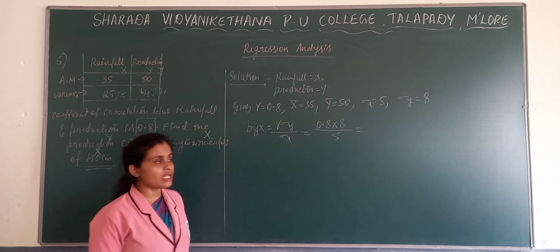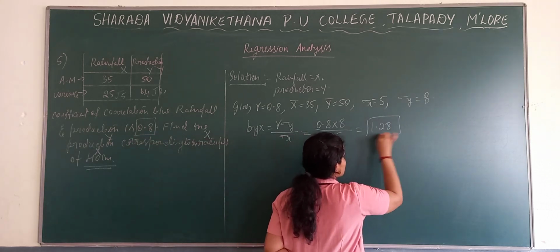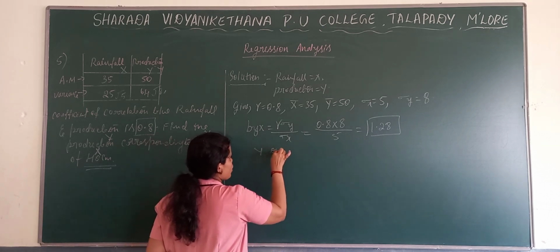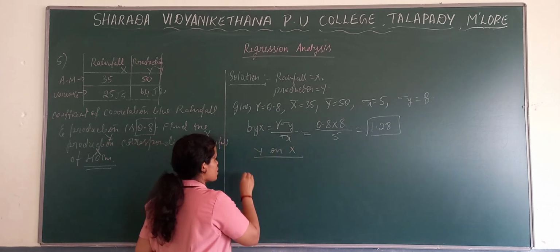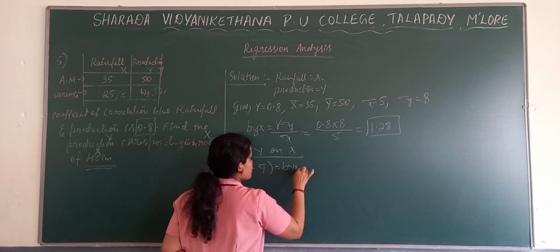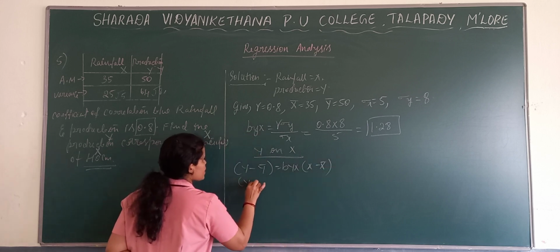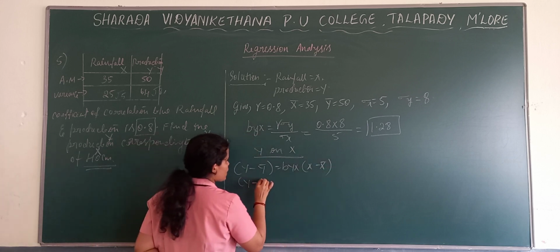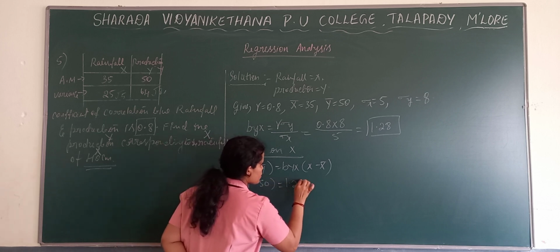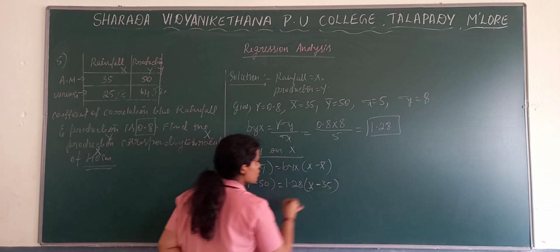So when we calculate, here we get b by x as 1.28. Next write the equation y on x. So here y minus y bar is equal to b by x, x minus x bar. Y minus y bar is 50, b by x is 1.28 and x bar is 35.